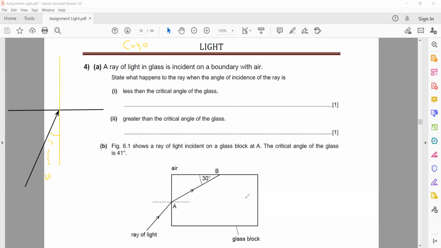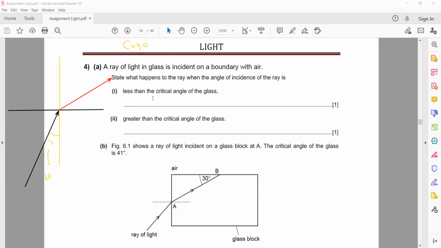If it is less than the critical angle, then refraction will occur. It means partial reflection and refraction are there, but most of the light is refracted.